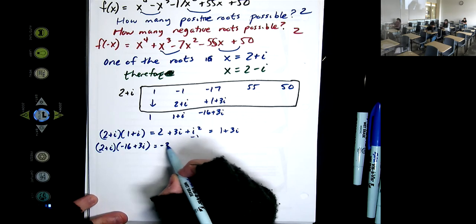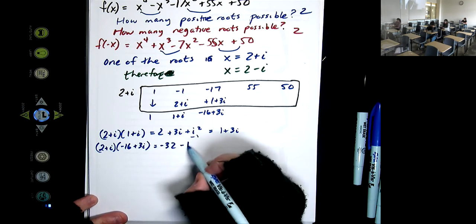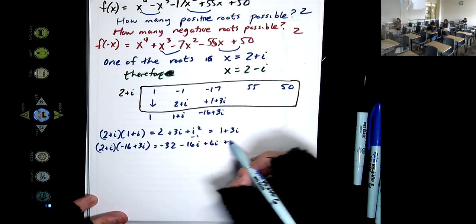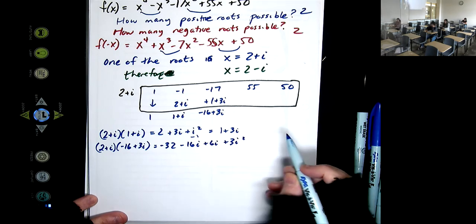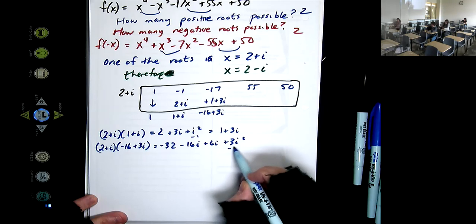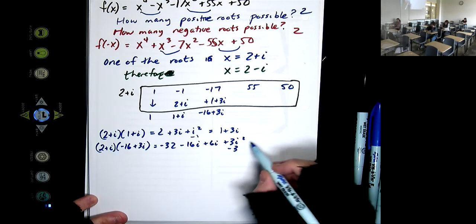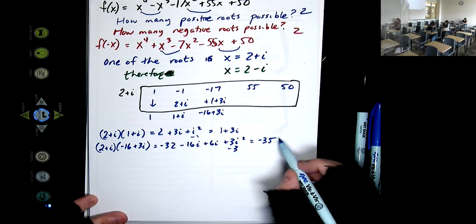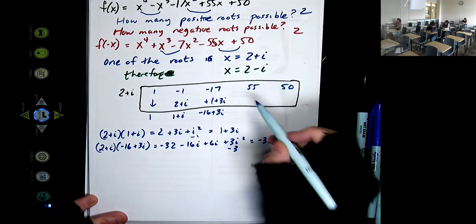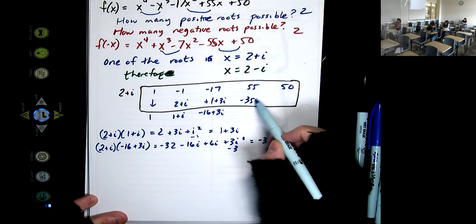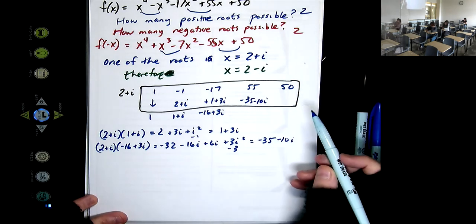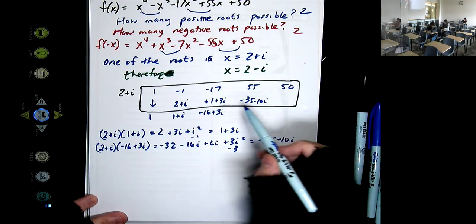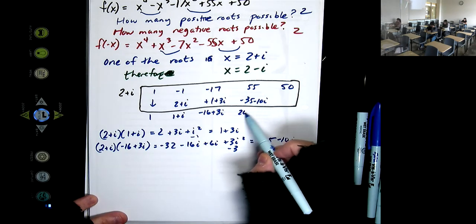Got -32 minus 16i plus 6i plus 3i squared. That becomes a -3. -35 minus 10i. Add those up, I've got 20 minus 10i.